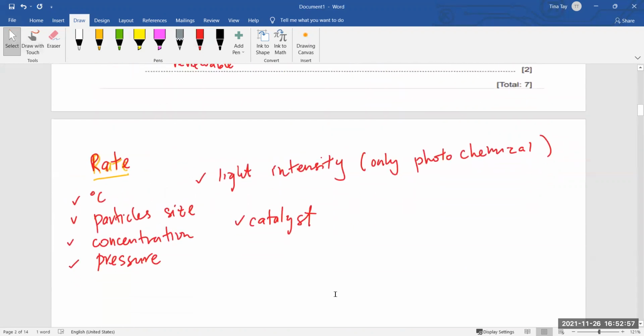So we talked about this a lot. Our first chapter was rate, meaning whether a reaction is fast or slow.